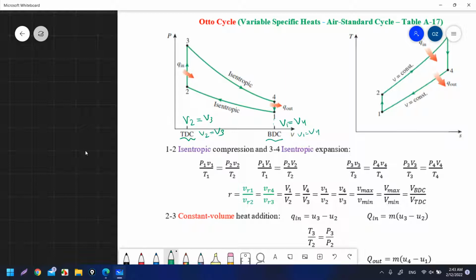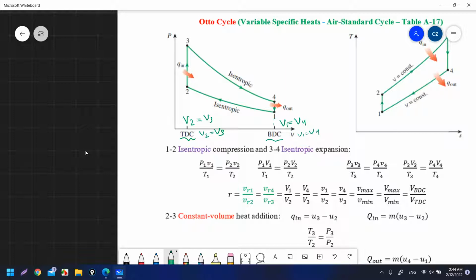So the equation for r, the compression ratio, is equal to vr1 over vr2 and equal to vr4 over vr3, and we'll see what vr is. It is the relative volume, a dimensionless quantity, and it is located in table A-17. But for now, r is equal to V1 over V2, and V4 over V3, because V4 equals V1 and V3 equals V2.